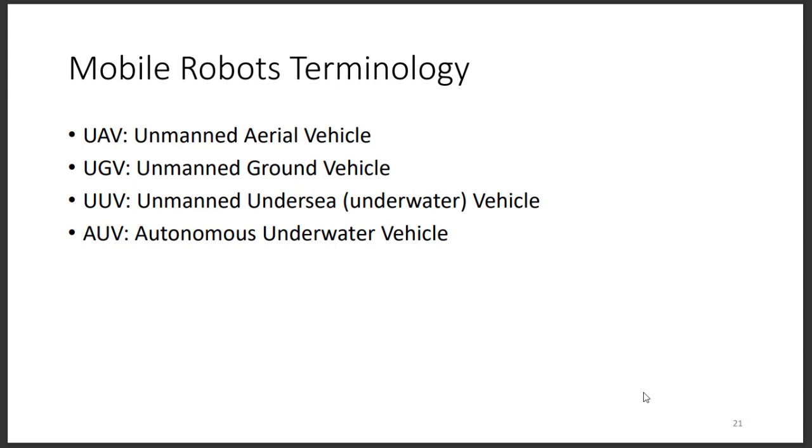Then UGV, unmanned ground vehicles, like small survival tanks. An unmanned ground vehicle operates while in contact with the ground, without an onboard human presence. It requires no human presence.